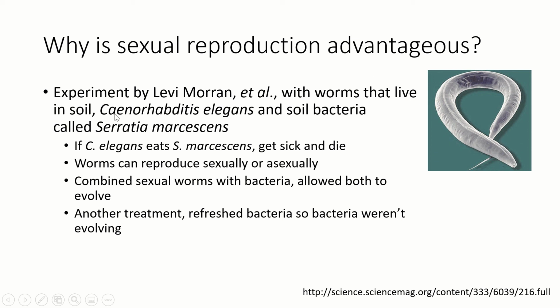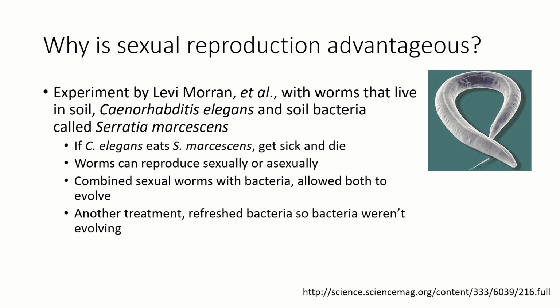So this worm, Caenorhabditis elegans, or C. elegans, eats this soil bacteria called Serratia marcescens, S. marcescens. And if they eat it, then they get sick and die. So the other cool thing about C. elegans is that they can reproduce sexually or asexually. Asexually means they reproduce by mitosis.